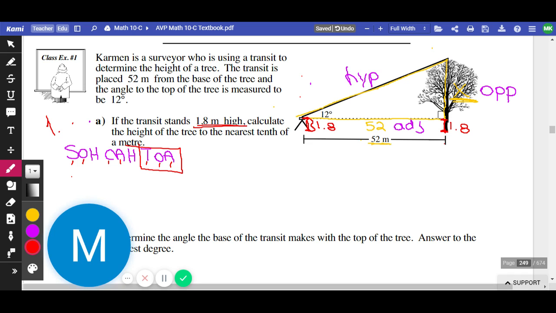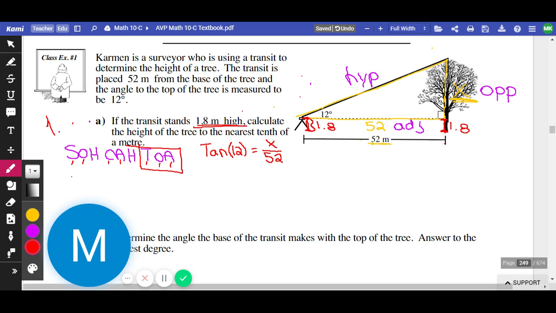And the tangent ratio equals the opposite side divided by the adjacent side. So let's set that up. We've got tan of an angle, 12, equals my opposite side, which is x, divided by my adjacent side, which is 52. That's how you set up your ratio.